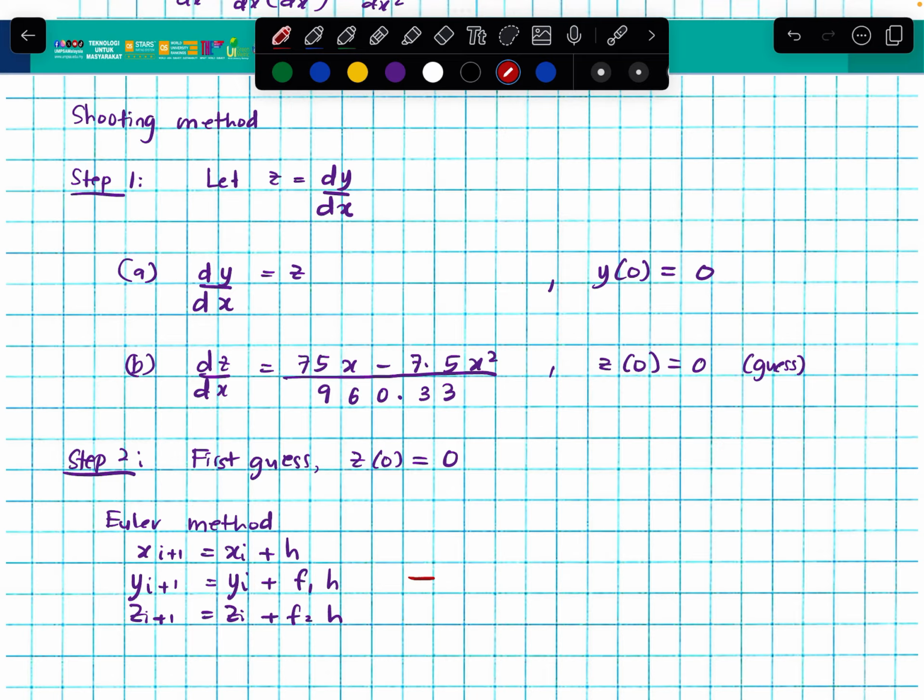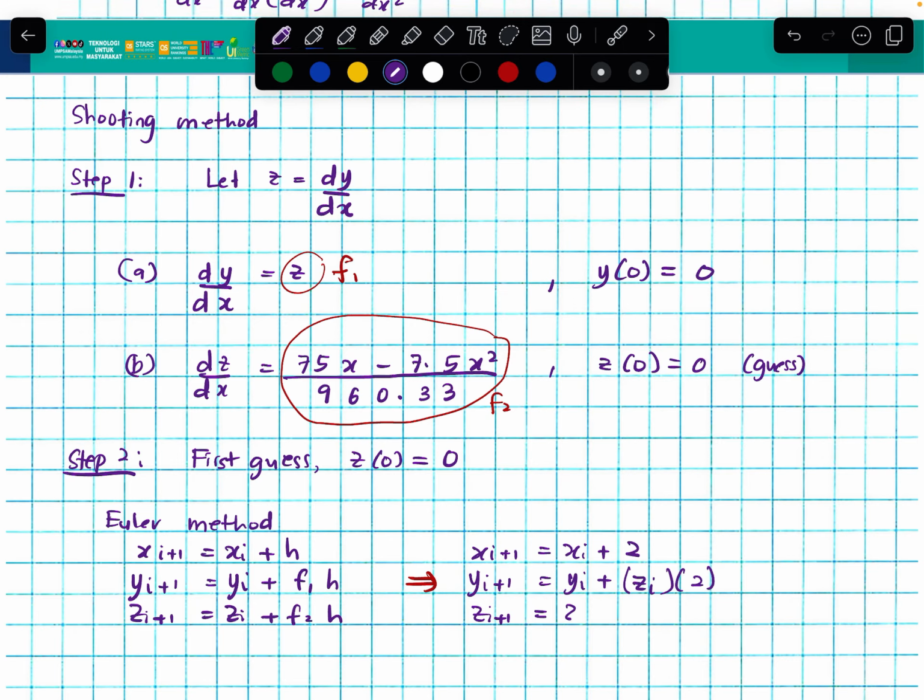Now let's reformulate this based on our case. x(i+1) is x(i) plus h, where h is given as 2. y(i+1) is y(i) plus f1, which is just z(i), times the step size 2.